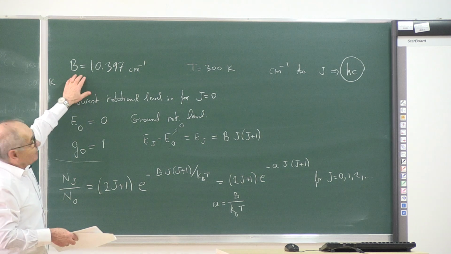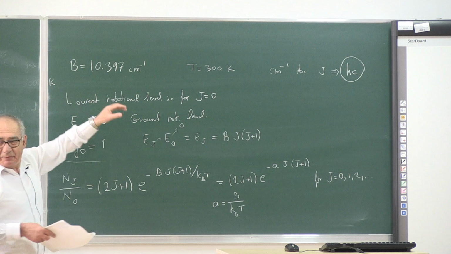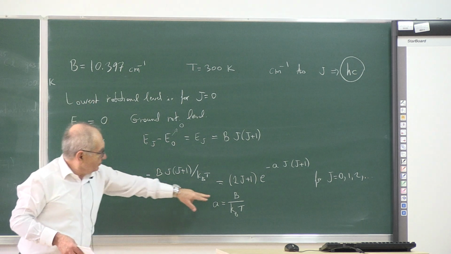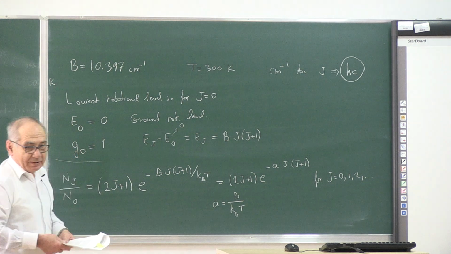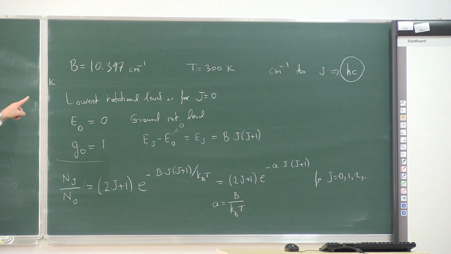Then this quantity will be expressed in terms of joule. Then you may calculate this. But you may also do it in another way, which is equivalent. Instead of converting B into SI units, convert kT into wave number units.